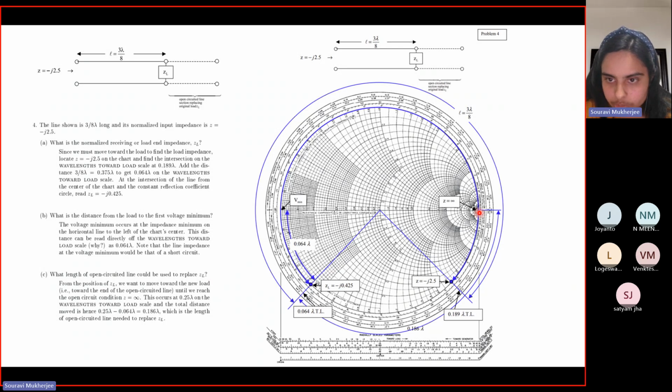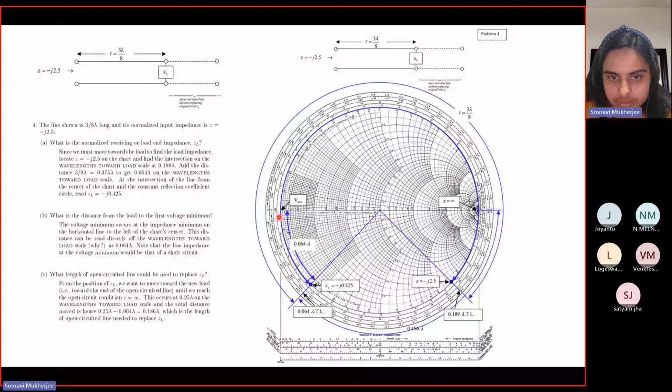So now what you can do is you can locate this point on the wavelength towards load scale, and that would correspond to 0.25, right? So if you look at the scale, here you have 0.25. So this point corresponds to 0.25 on the wavelength towards load scale, okay?